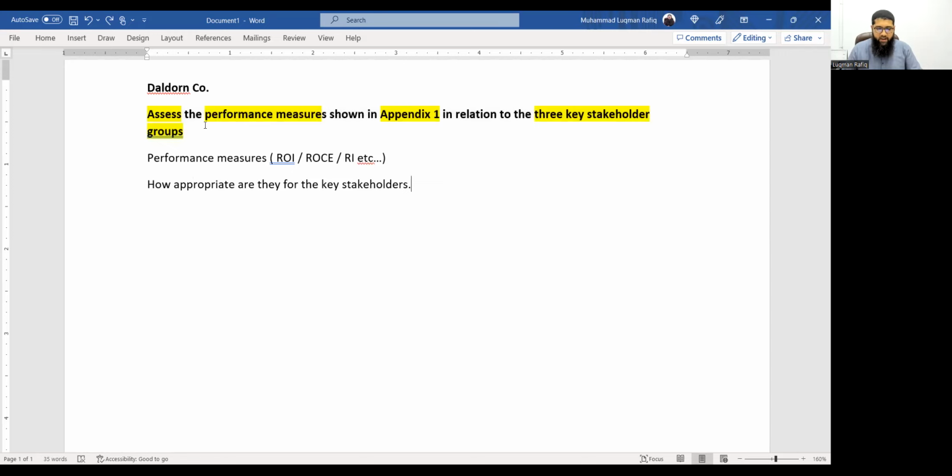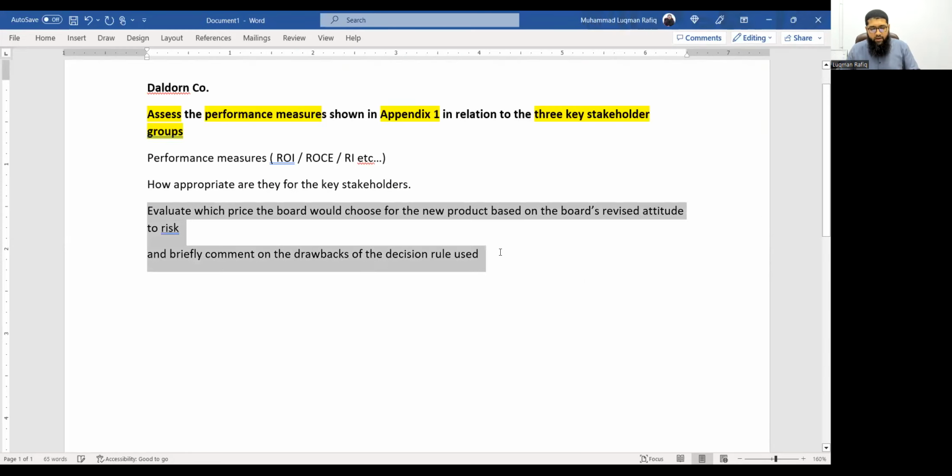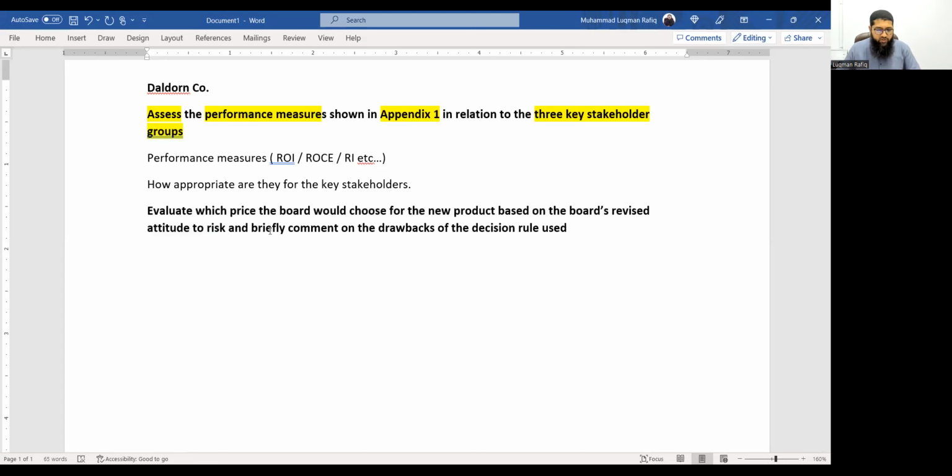Now what next is there? Let's try to understand this. It says evaluate which price the board would choose for the new product based on the board's revised attitude to risk and briefly comment on the decision rule used. So here, something is happening with respect to part B, the second requirement, which is what?